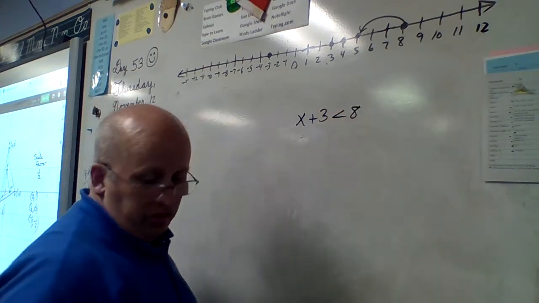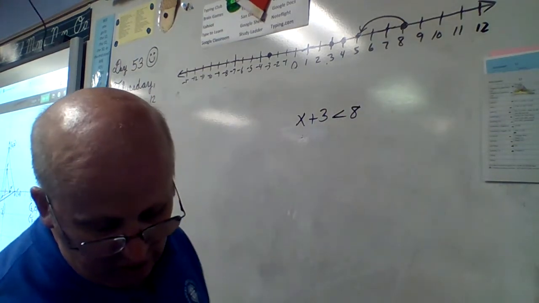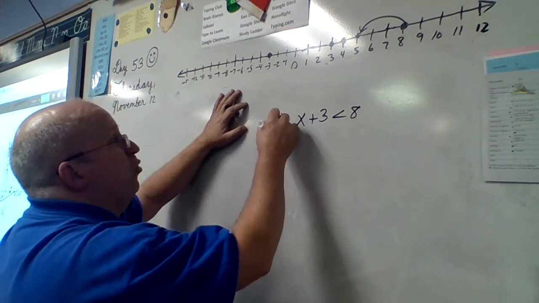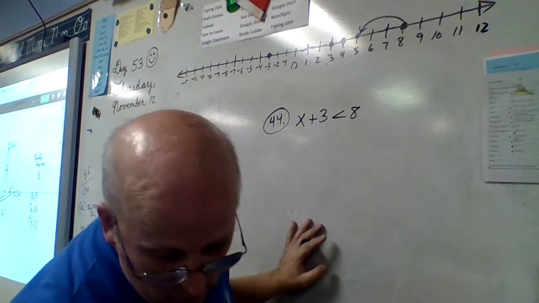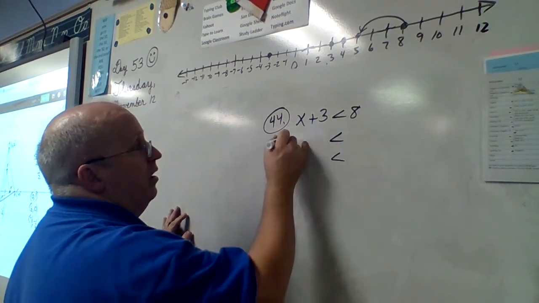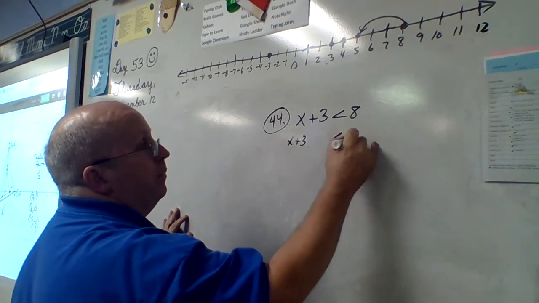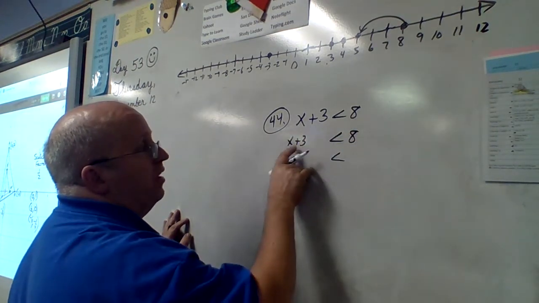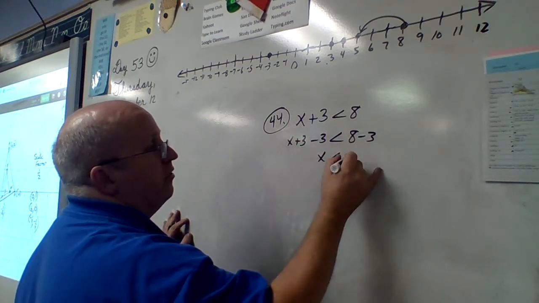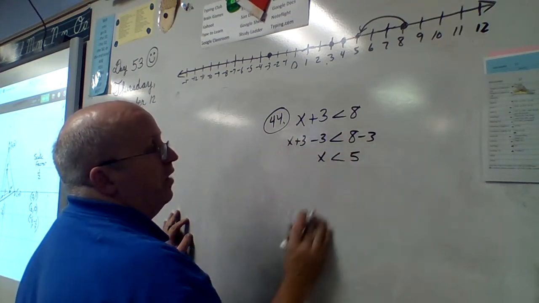The directions say to solve the inequality and then graph it. Solve and graph. So you got 2 things to do here. Let's write the inequality twice. Let's rewrite the problem but leave a space. What's the opposite of adding 3? Subtracting 3. x is less than 5.